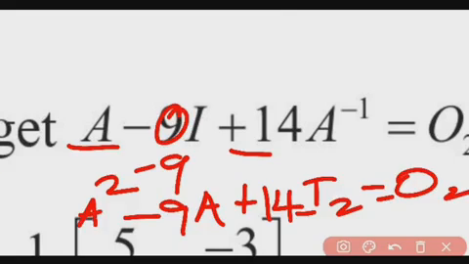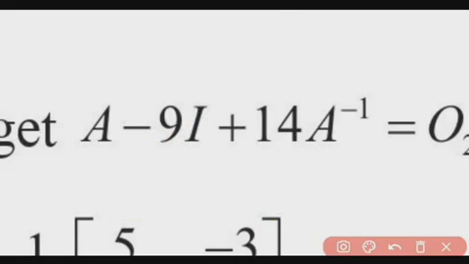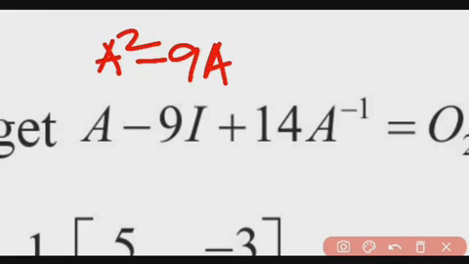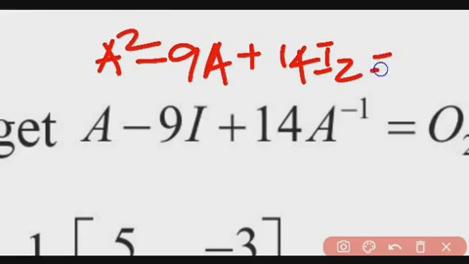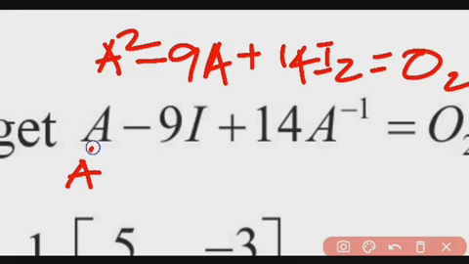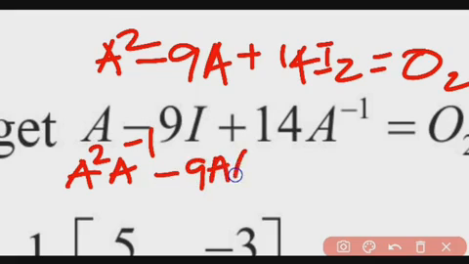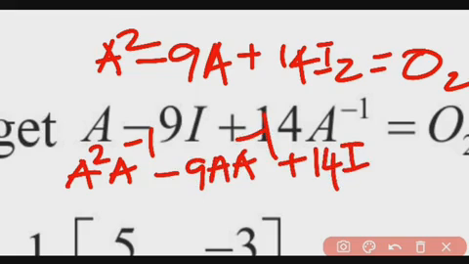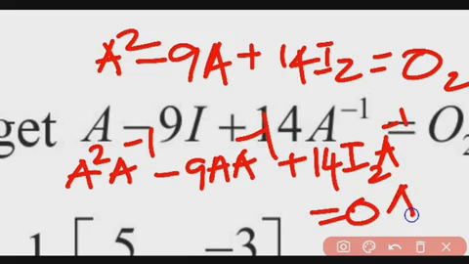So we know that we have A square minus 9A plus 14I2 equal to the 0 matrix. If you multiply A inverse on each term, A square into A inverse minus 9A into A inverse plus 14I2 into A inverse equal to 0 matrix into A inverse.